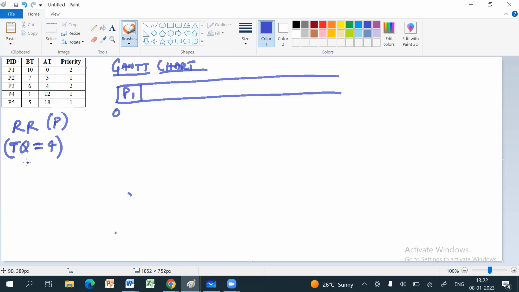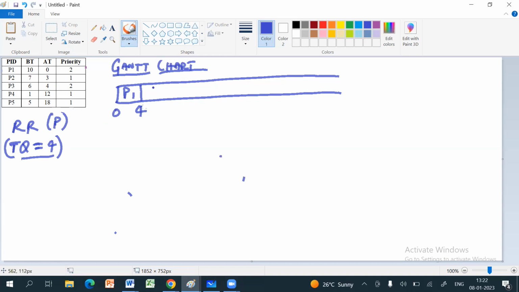And in this case, the criterion that we are using is time quantum. So P1, whether it likes it or not, will have to stop at 4. Although it has a burst time of 10, only because of the time quantum, it stops at 4.